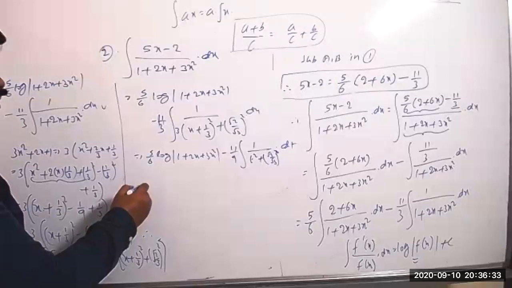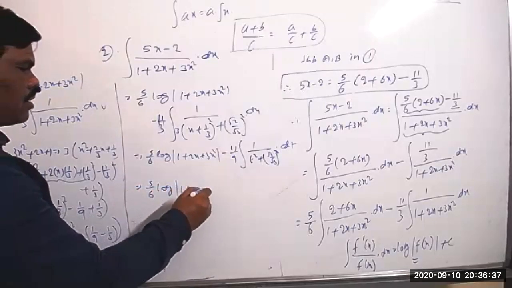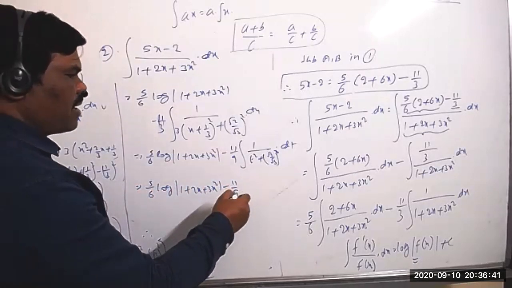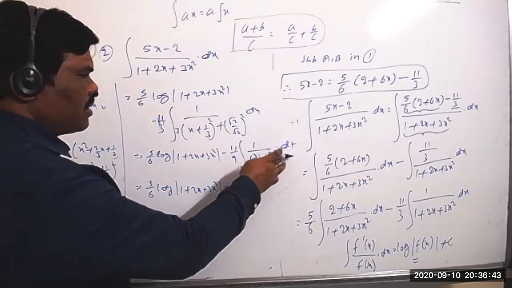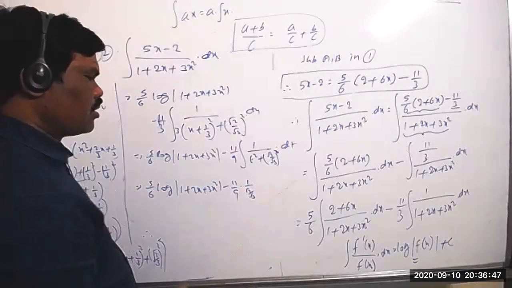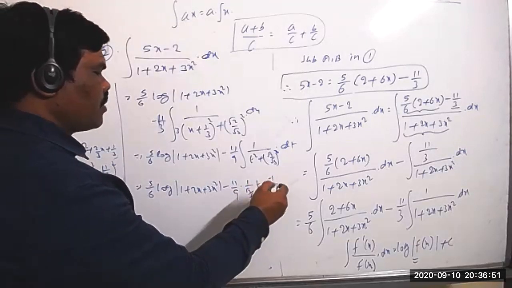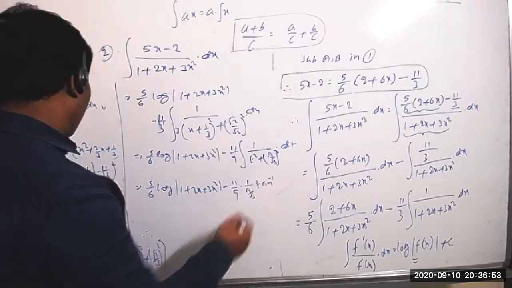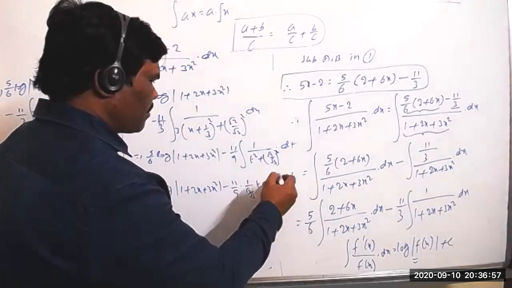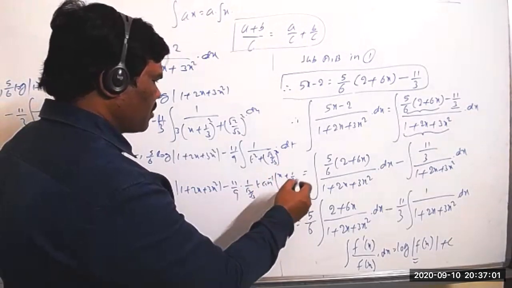Now, so 5 by 6 into log modulus of 1 plus 2x plus 3x square, minus 11 by 9 into 1 by a. Clearly you can write this as 1 by root 2 by root 3 into tan inverse of x by a. Here x is equal to x plus 1 by 3, whole by root 2 by root 3, plus c.